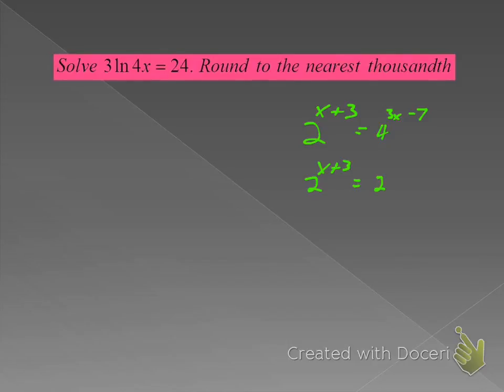I go 2 to 6x minus 14. Set the exponents equal to one another. x plus 3 equals 6x minus 14. Add 14 gives me 17 equals 5x. So x equals 17/5. Yay, go me. That's a typical Friday night.